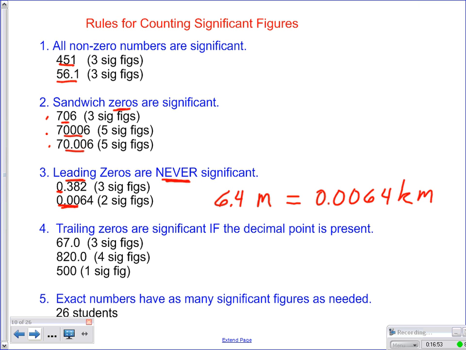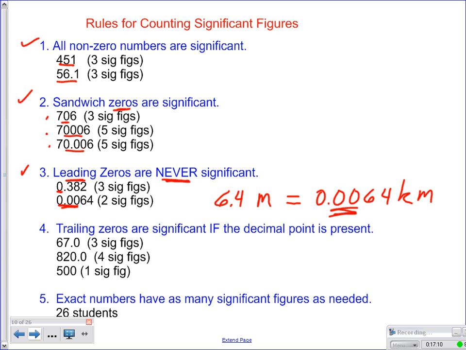Just because I'm converting between meters and kilometers, that doesn't mean that I should suddenly be more precise by having a greater number of significant figures. Those zeros in front are not significant. So there's our rule on that one.